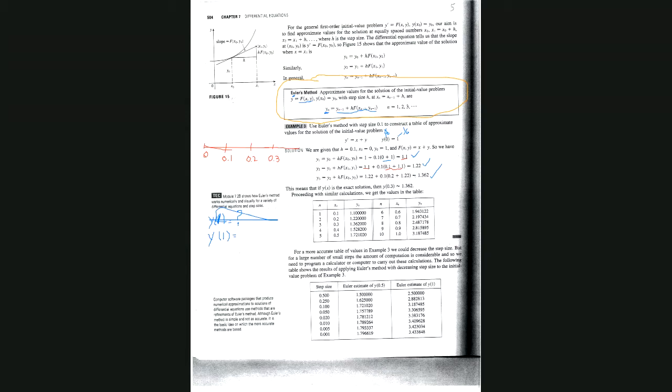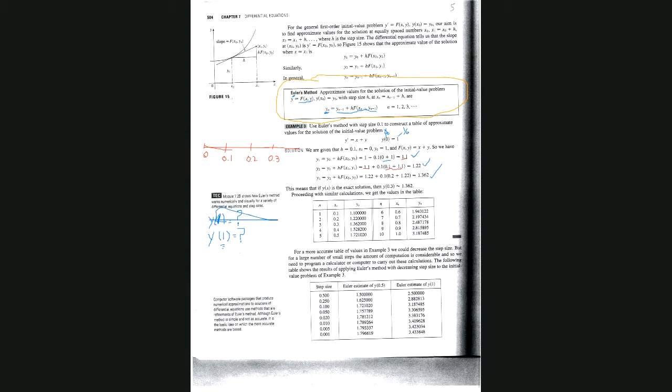Well, if you start at 0 and you have a step size of 0.1, how many steps do you need to go till you get to 1? How many steps would that take? Who can shout out the answer? That's right, Robin. Very good. 10 steps.